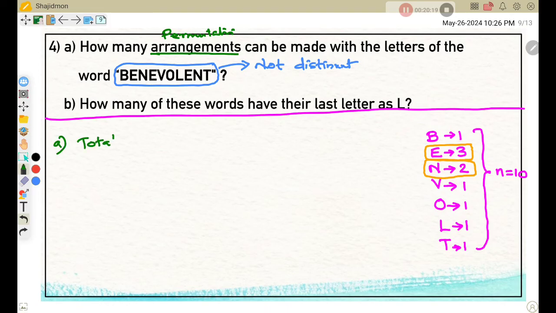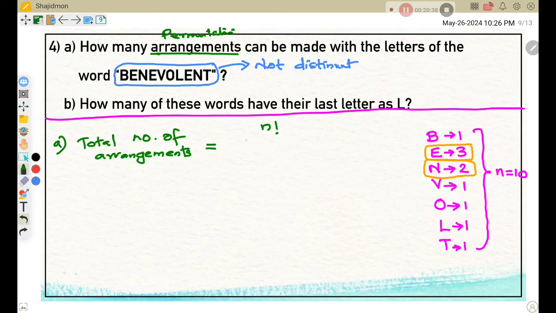Total number of arrangements or total number of permutations. Total number of arrangements equal to. If the letters are not distinct, we studied a rule for finding the number of arrangements. What is that?